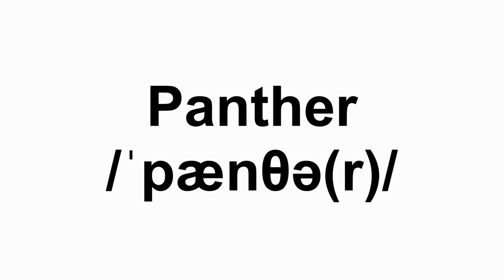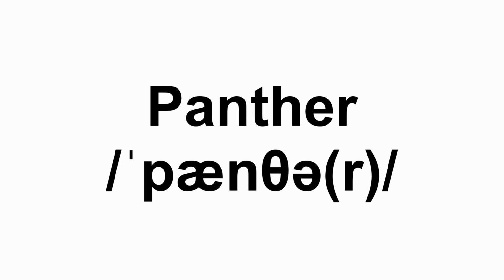Iguana. So we have three syllables. Iguana. Easy, you see? So panther, again it looks complicated, but it's simple. We have the accent at the beginning, so we stress the first part of the word.